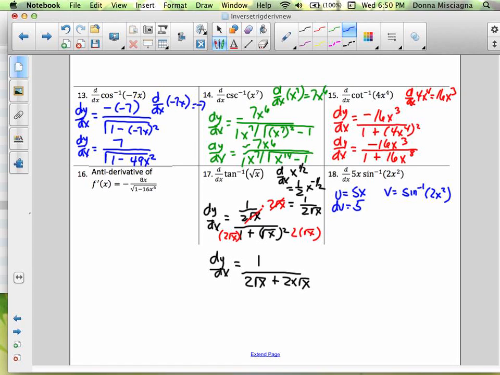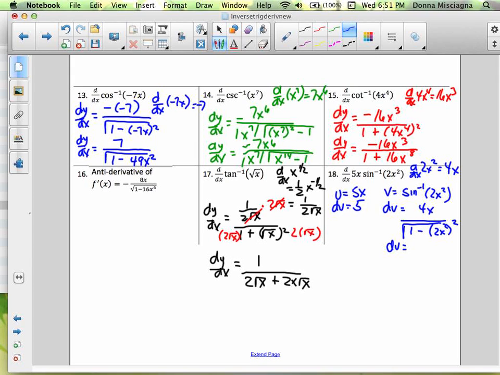Now don't forget, we need to take the derivative of the inside, the 2x squared, which of course is 4x. So the derivative of arc sine of 2x squared, dv, is going to be 4x divided by the square root of 1 minus 2x squared.